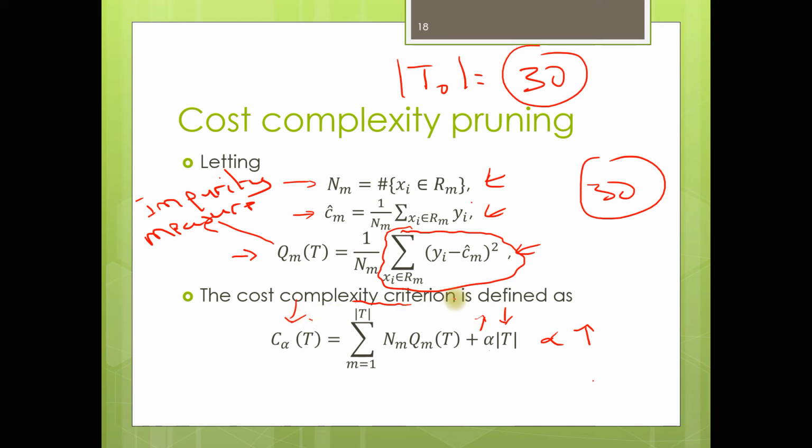And as we increase alpha, branches are being pruned from the tree. In other words, you will not have 30 terminal nodes, but this will decrease now probably to 10, depending on the value of alpha that you are using. So that's a little bit the idea behind this formula here. It's a bit similar to what you studied in the context of lasso regression.